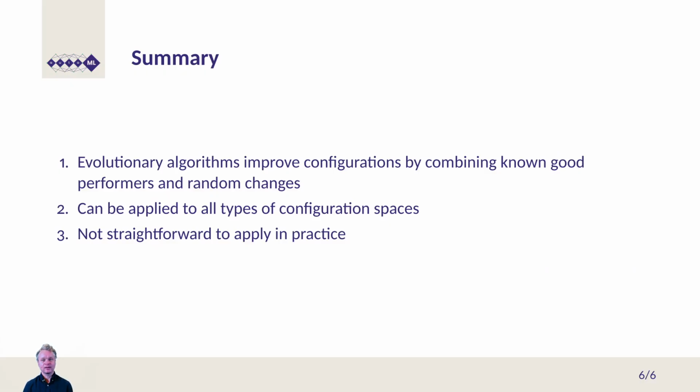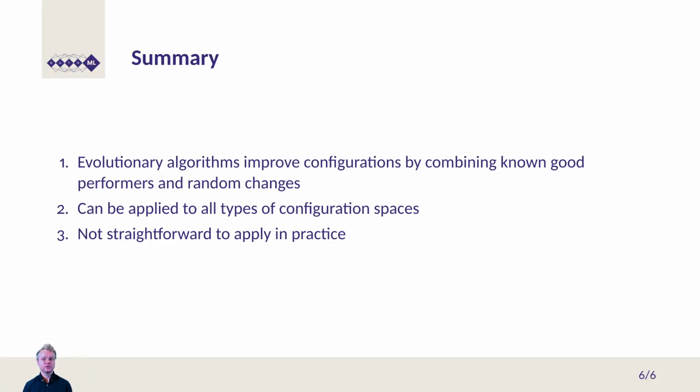In summary, evolutionary algorithms can improve configurations by combining known good performance and random changes. So this is the crossover and mutation that I have mentioned before. How exactly this works in practice is something that you would need to decide as the person who implements it. They can be applied to all types of configuration spaces, which makes them very flexible.